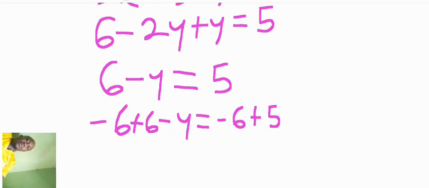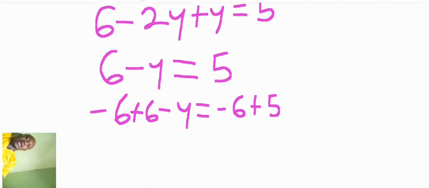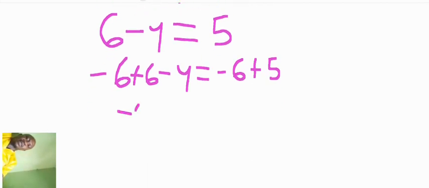Clearly, negative 6 plus 6 is equal to 0. So at the left hand side, I have negative y is equal to negative 6 plus 5, which is negative 1.